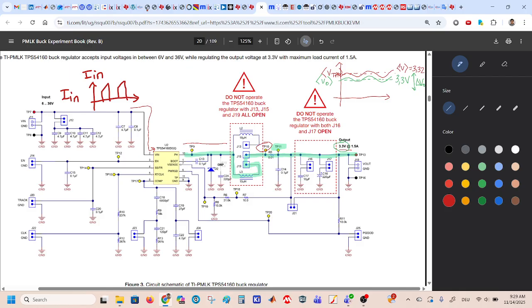Why? Because the maximum current that we can operate is 1.5 amps.